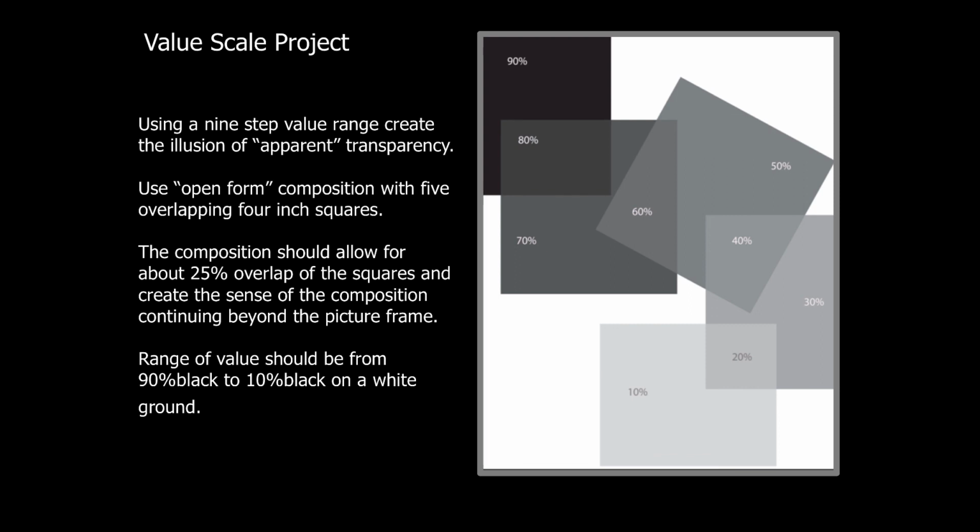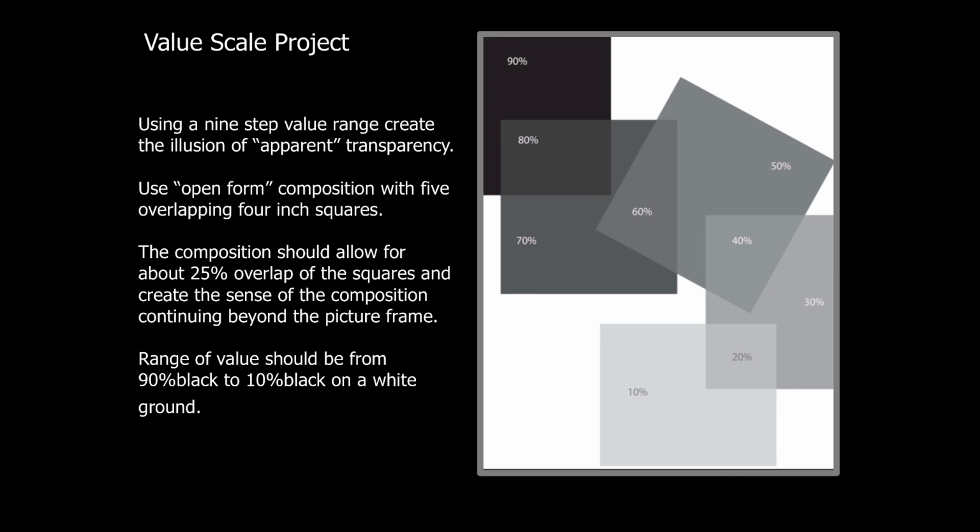We'll start with a 90 or 100% black, and then it's going to overlap the 70%, which overlaps the 50%, which overlaps the 30%, which overlaps the 10%. And you can see that the overlapping areas are going to be between those. So between 90 and 70 is an 80%, between 70 and 50 is a 60%, and so on.